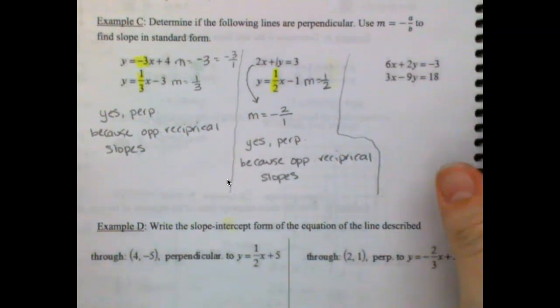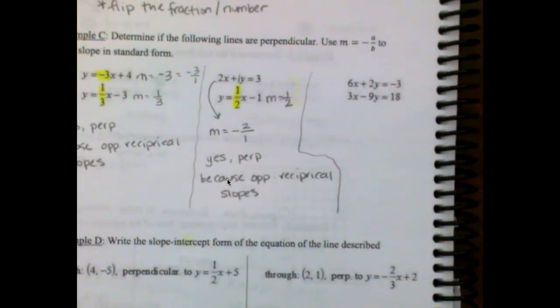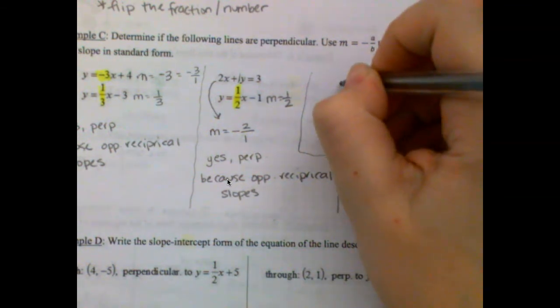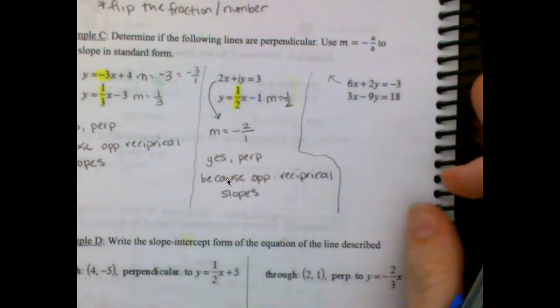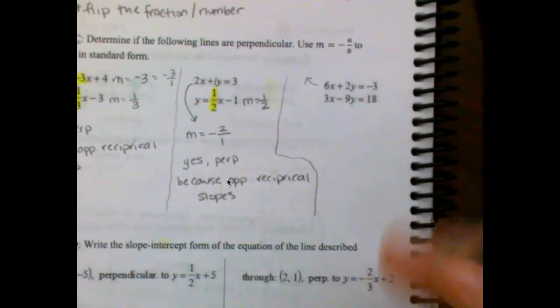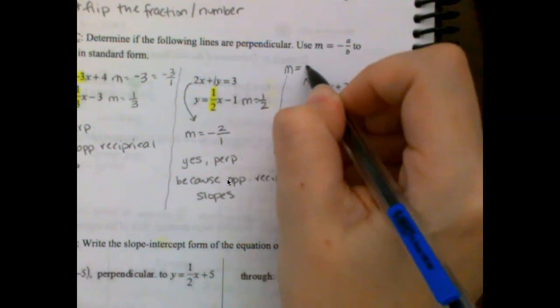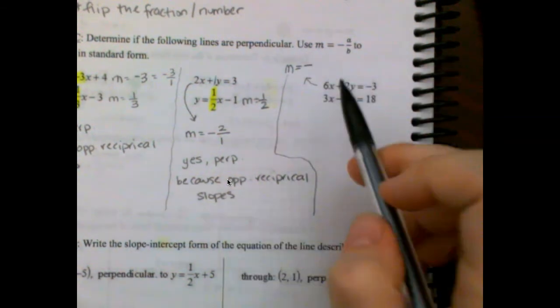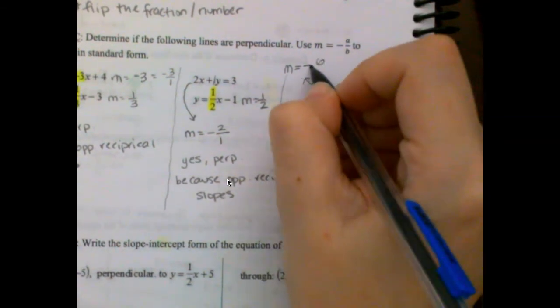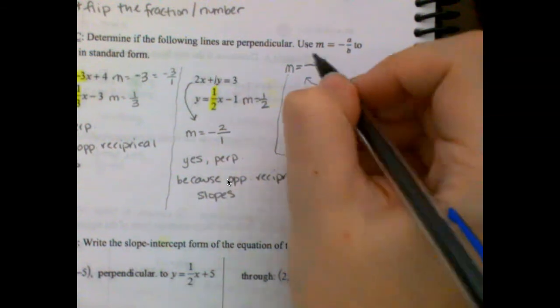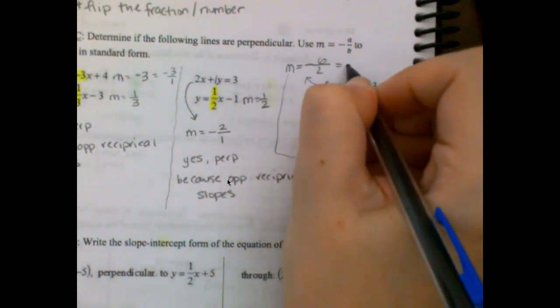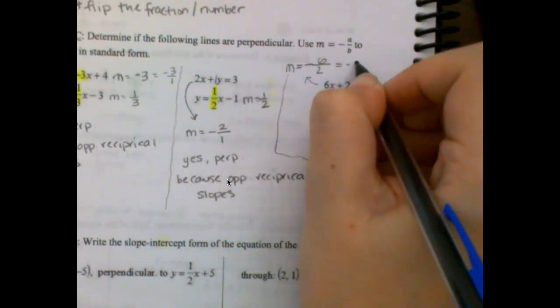Now this last one, we have two standard form equations. So we have to use that -a/b equation twice. So for this one, I'll pull him out over here. Let me move my binder over. Okay, so I've got m equals negative from my formula. A is 6. B is 2. So my slope here is -3.